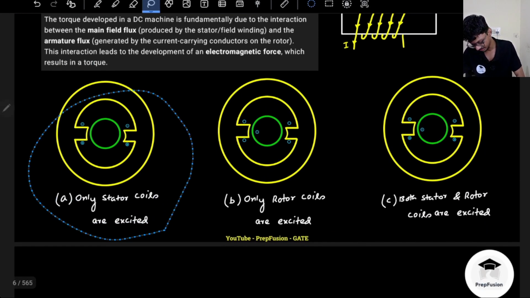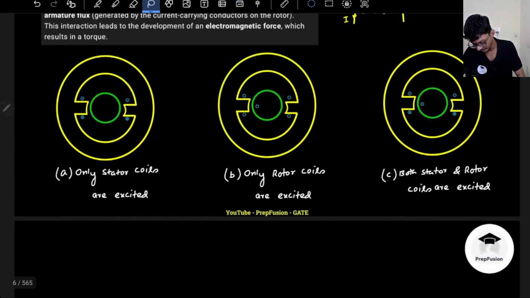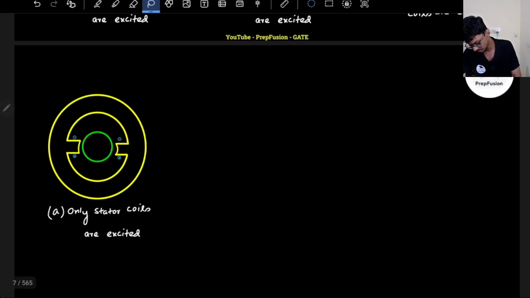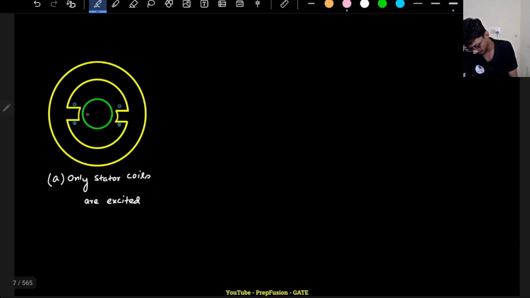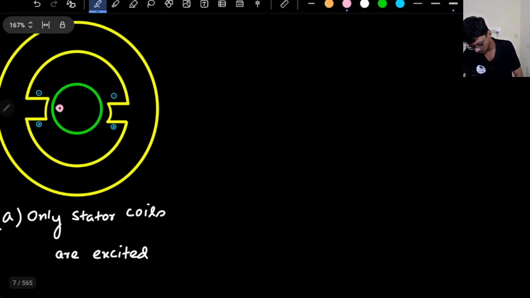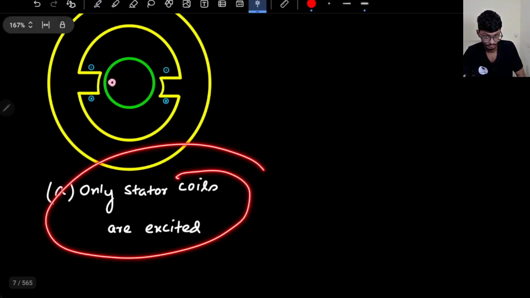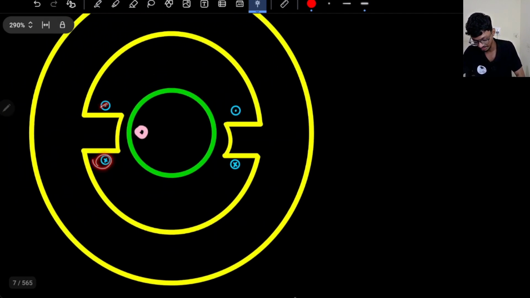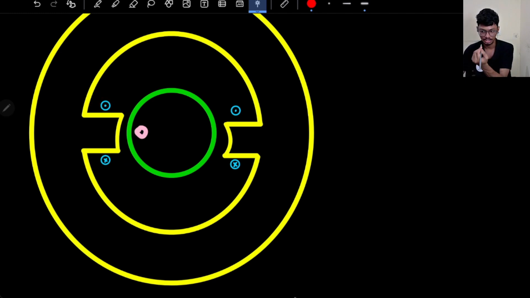Let's take the first case, right? If I have the stator coils and the armature, let's say an armature coil, a conductor, is placed here in case one. And only the stator coils are excited. The directions of the currents are also given, so at the bottom current is incoming and at the top current is outgoing, right? So if I curl my fingers along the direction of the current, the field is along the right hand side.